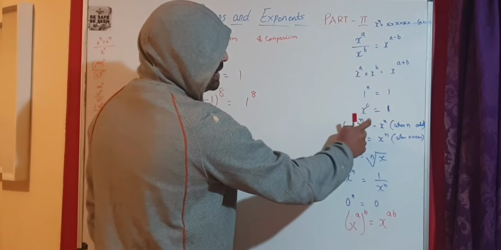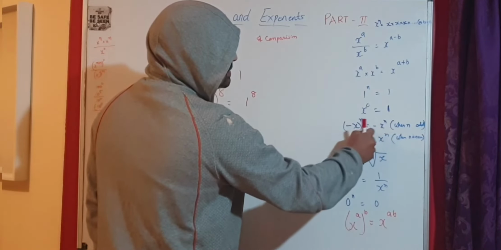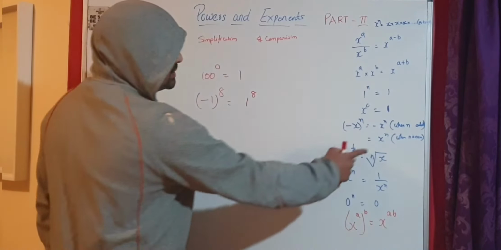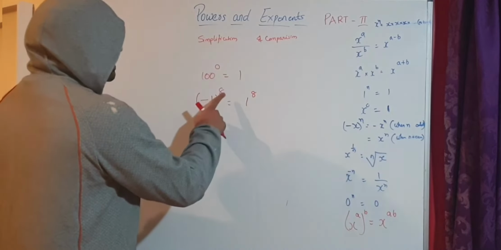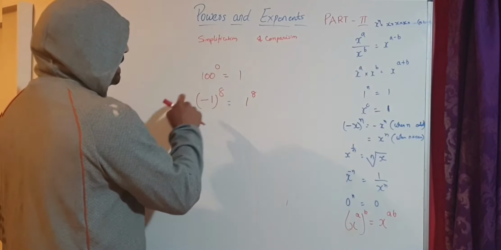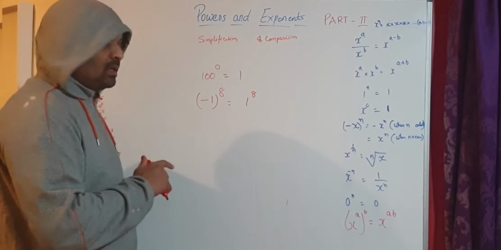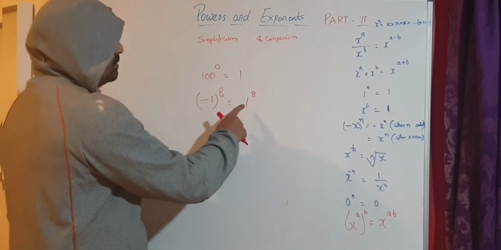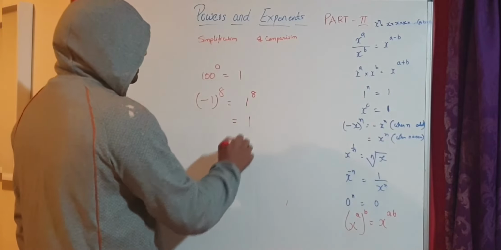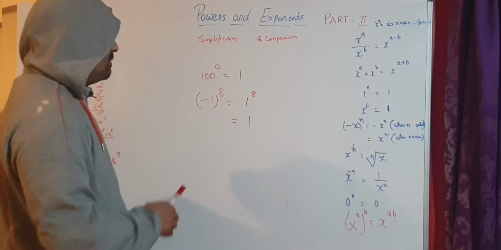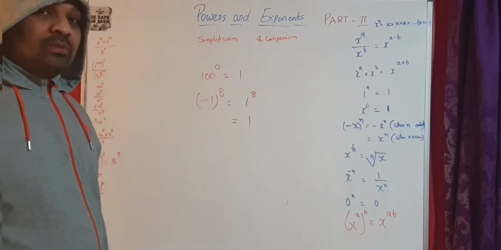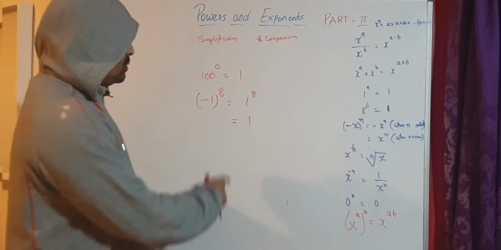If n is odd, this is the answer, and if n is even, then this is the answer. In this case n is 8, which is an even number. So we can write 1 to the power of 8, which is going to be 1. So if I ask you to simplify minus 1 whole to the power of 8, the answer is 1.